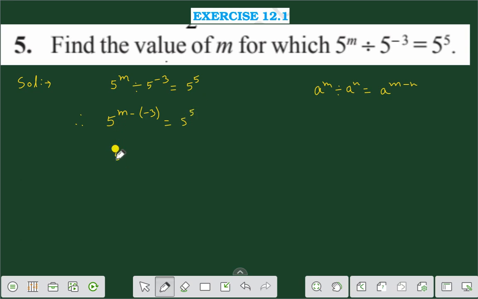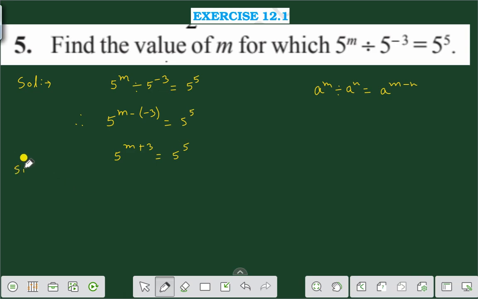Therefore we are getting 5 to the power m minus into minus is plus, m plus 3 is equal to 5 to the power 5. Here you see both the bases are same. Therefore the exponents will also be same.